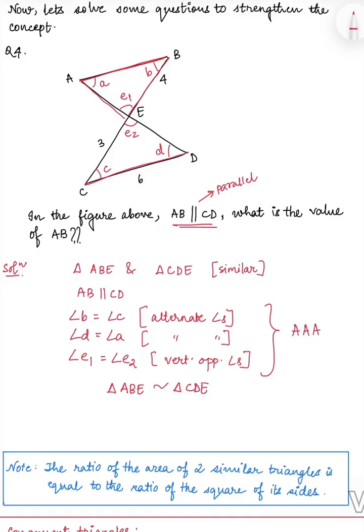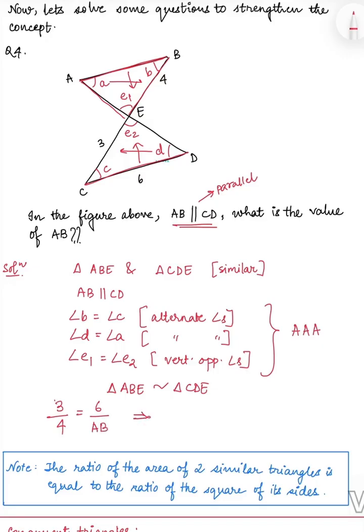Now using the proportionality we can find the value of AB. So what will that be? First we have to find AB. AB is opposite to E1 and we know this side, so that is opposite to D, and this is opposite to A. So basically 3 by 4 will be equal to 6 by AB.